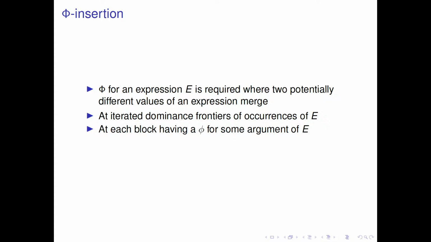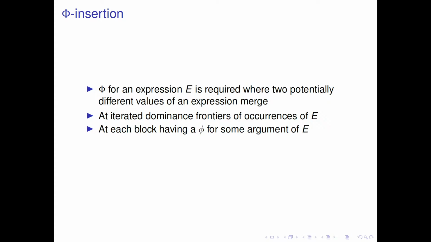If there is a phi for A, what does that tell you? It means two potentially different values for A are coming in, which means if expression E is using A, two different values of E are possible. It's like capital Phi or small phi. Phi of A will result in capital Phi of E. So I have to create a merge point for E wherever two different values for E are coming in.